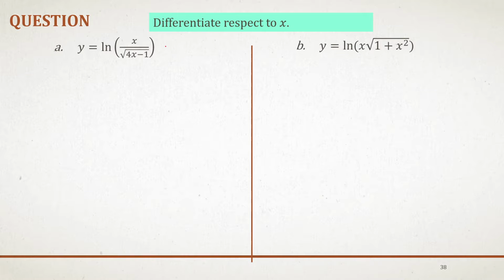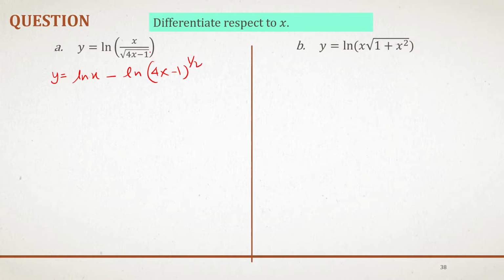When we look at the question involving logarithm, if you look at the left hand side and the right hand side, this one actually is involving the quotient of the logarithm, and this one is the multiple of the logarithm. So what you need to do is apply the log rules: ln x minus ln(4x minus 1).